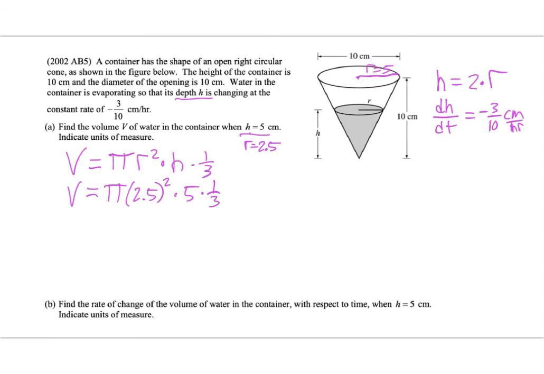And this is going to be in a centimeters cubed unit. I do not need to simplify any of this. This is an AP test question, so this would be fine as an answer. I'm also going to start the bottom question above because it gives us some room. So we want to find the rate of change of volume, dV/dt, with respect to time, when h is equal to 5.